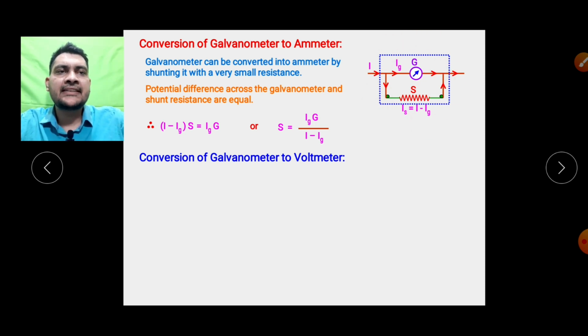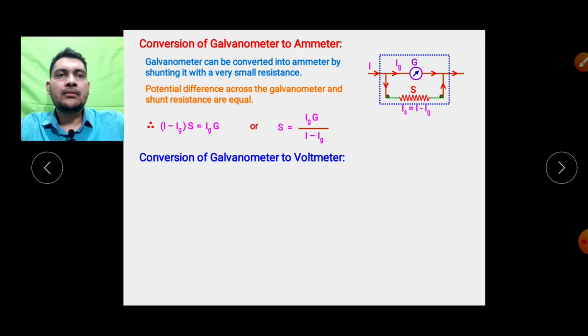Here I is the total current to be measured, Ig is the maximum current corresponding to maximum scale deflection of the galvanometer, and capital G is the resistance of the galvanometer. So this is very simple.